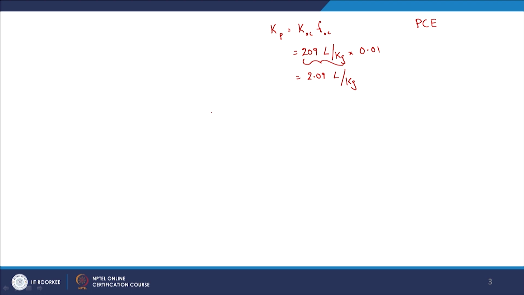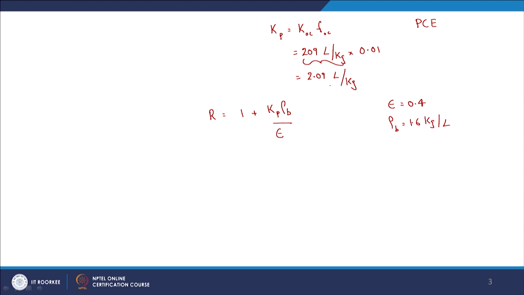And now what is my R, or retardation factor? It was 1 plus Kp rho b by the porosity. So, obviously we need some data regarding the density of the soil and the porosity. I will take typical values: porosity 0.4 and bulk density 1.6 kg per liter, right.